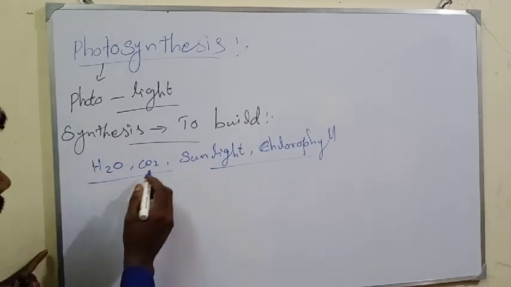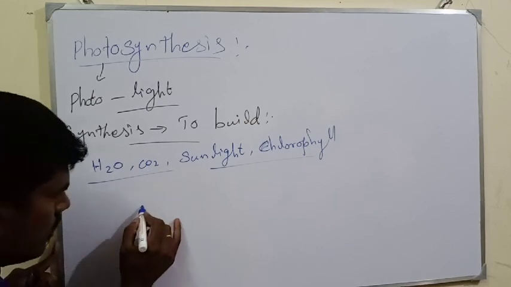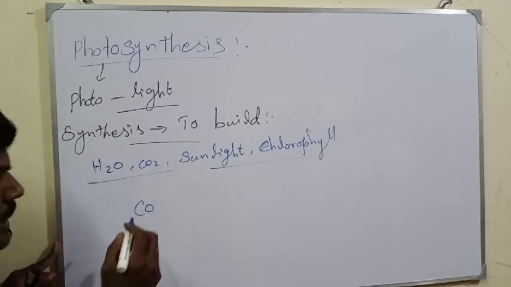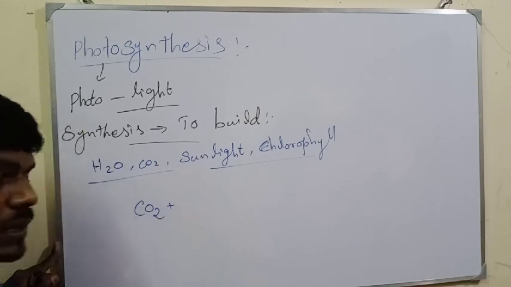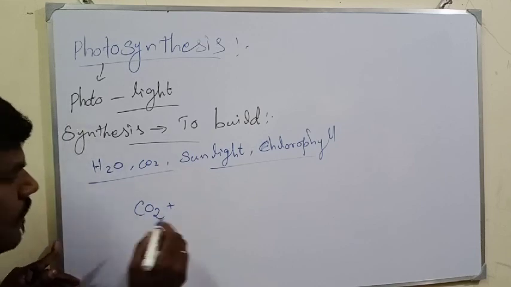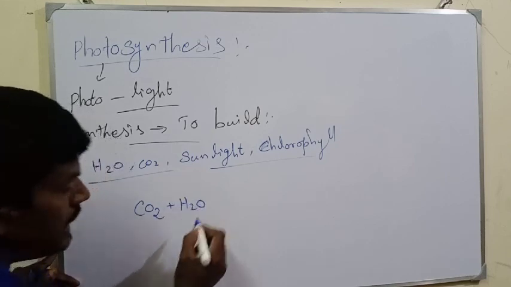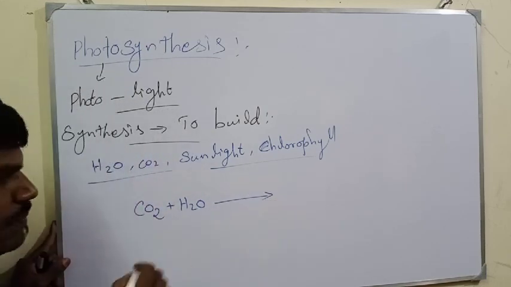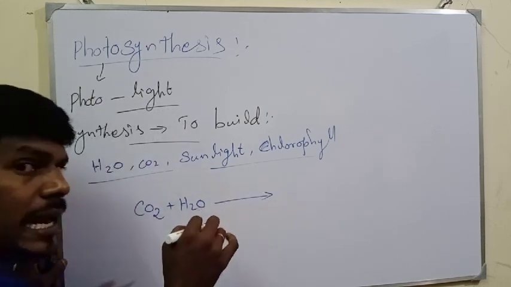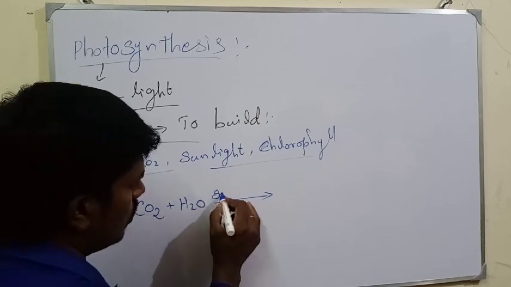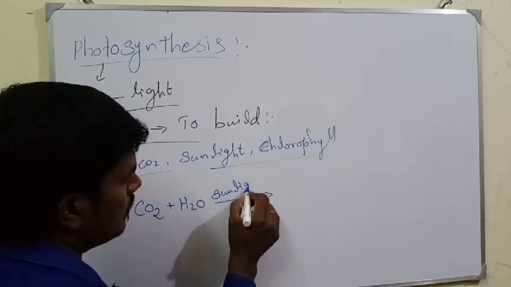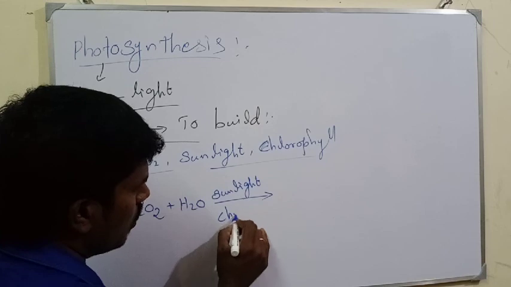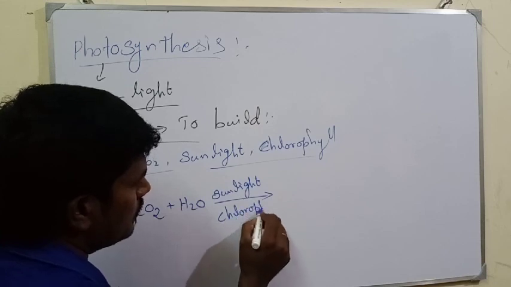So carbon dioxide combines with water. The chemical formula of carbon dioxide is CO2, and the chemical formula of water is H2O, in the presence of sunlight and chlorophyll. You have to frame that equation.